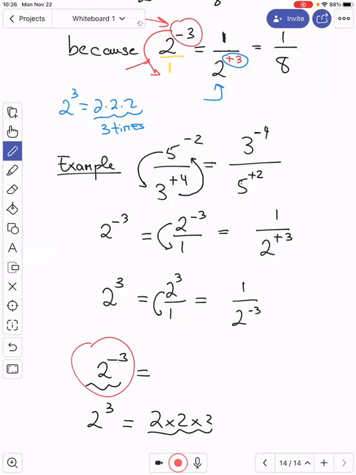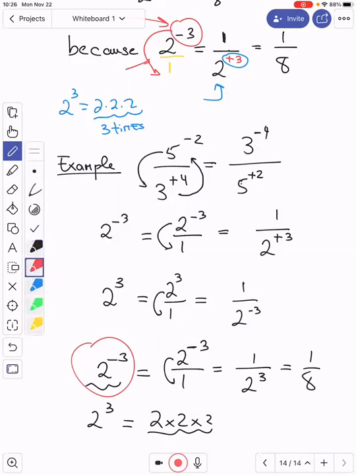So what I'm going to do is flip my number in some sense, and that'll give me a positive power. So this 2 to the power negative 3, you can write as a fraction by dividing by 1, and then you flip. When you flip, that will be 2 to the power positive 3. So that's the 1/8. I want to compute this 2 to the power negative 3.